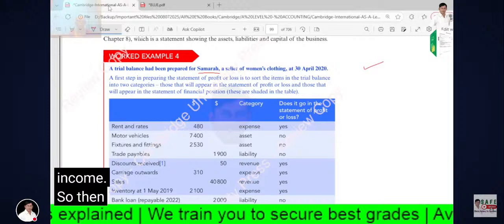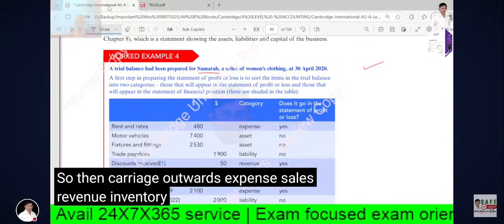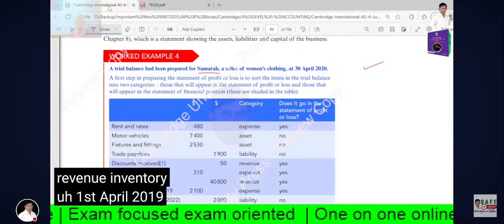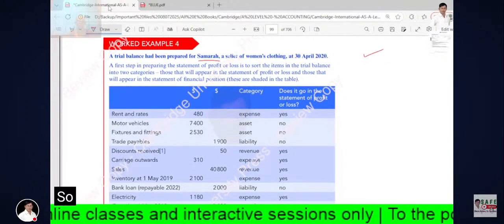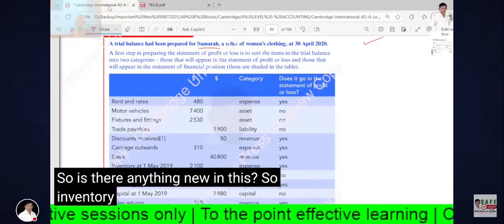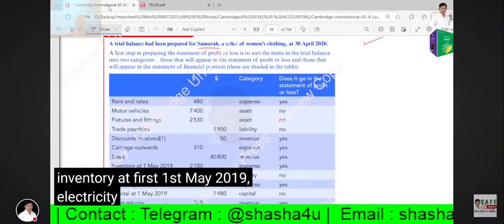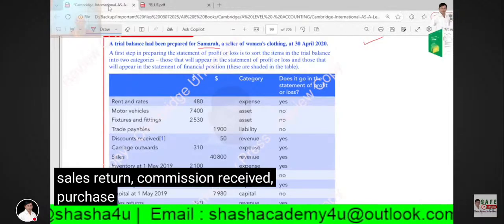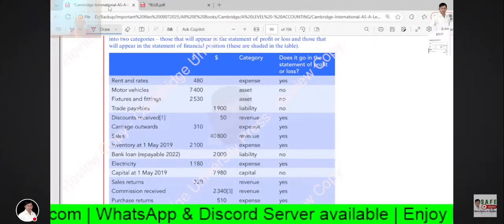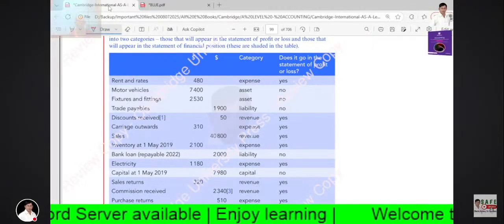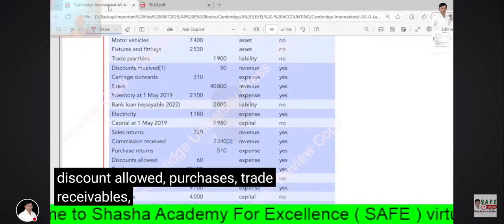Then carriage outwards expense, sales revenue, inventory 1st May 2019. Is there anything new in this? Inventory at 1st May 2019, electricity, sales return, commission received, purchase returns, discount on purchases, trade receivables, wages.